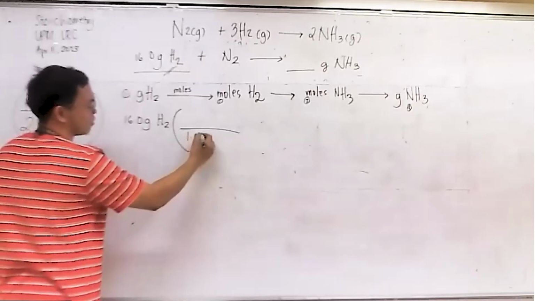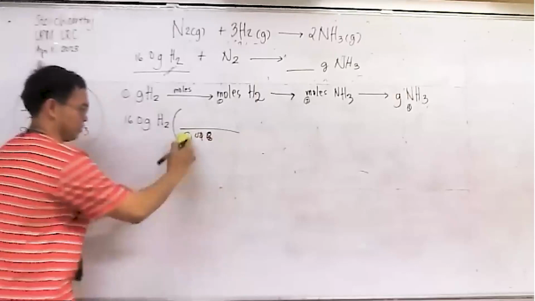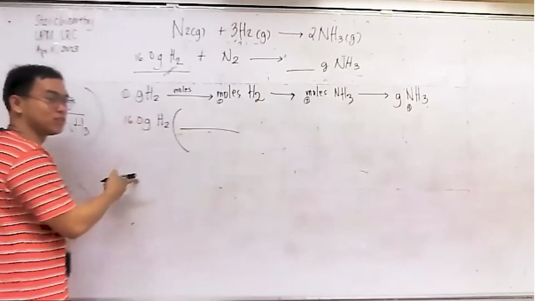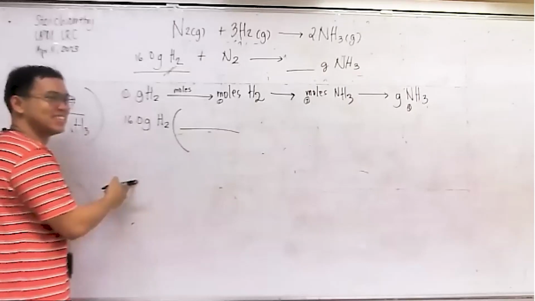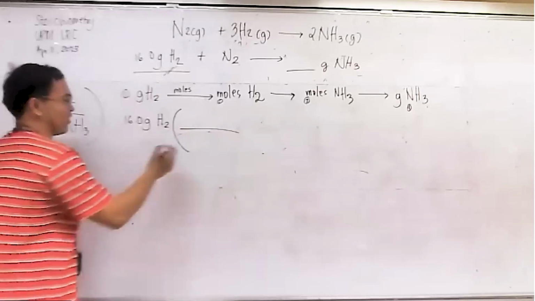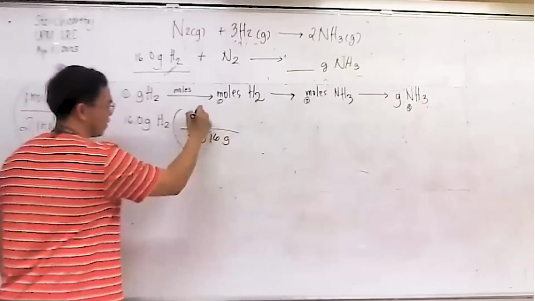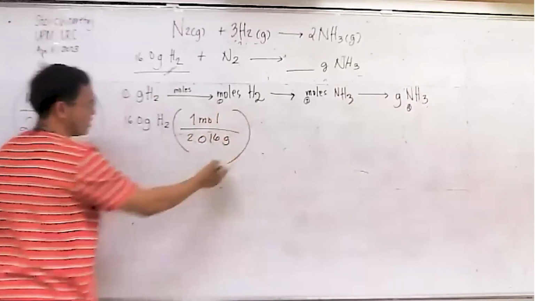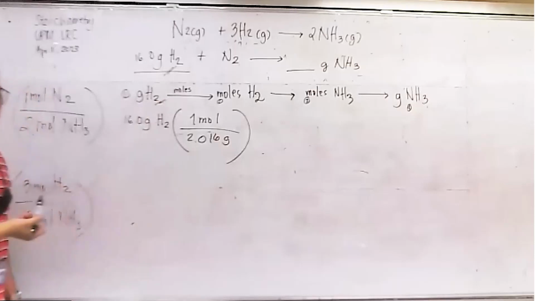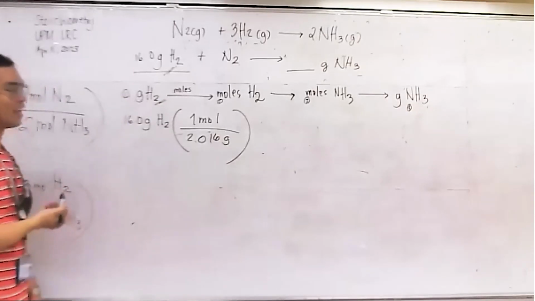Is it 1.008 or is it 2.016? The answer is 2.016 grams per 1 mole. Why? Because we are given a diatomic molecule, which is hydrogen gas. In nature, hydrogen gas is diatomic.